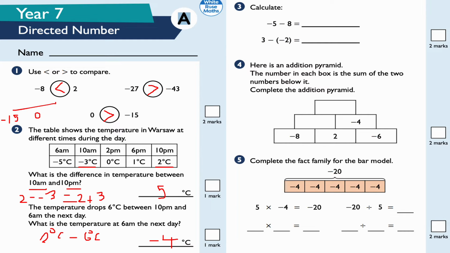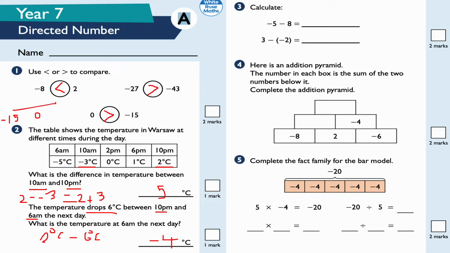If something drops, then it means I'm taking it away. So it's getting colder between 10 p.m. and 6 a.m. the next day. So it's essentially the coldest time of day, generally speaking, at night time.